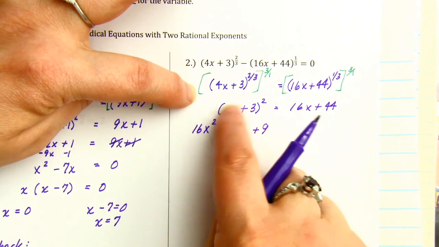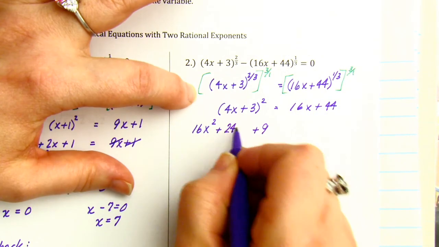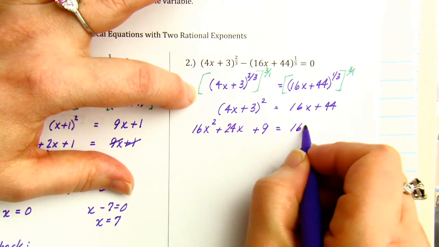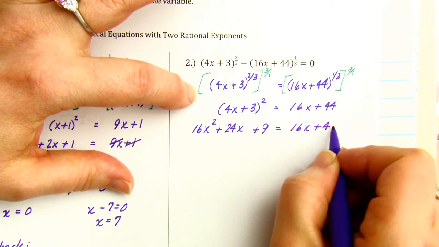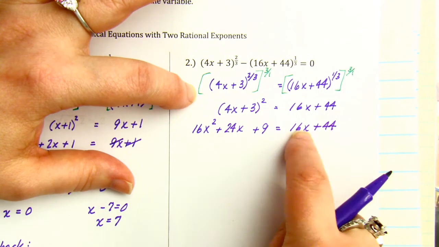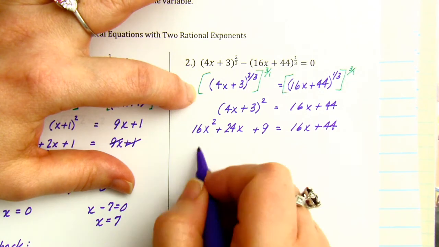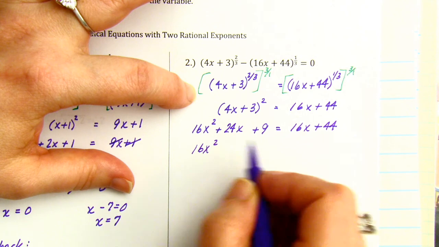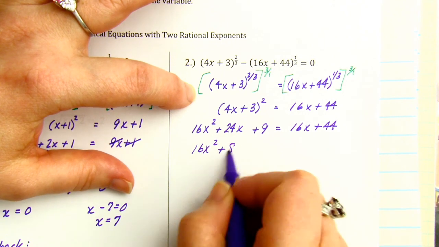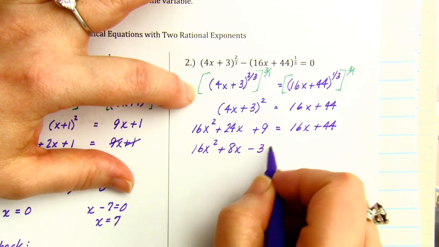You multiply those two and double it, you get 24x. Or foil it out. It's quadratic, linear, constant, bring those over. 16x squared, 24x, subtract 16x is 8x. 9 subtract 44 is negative 35.